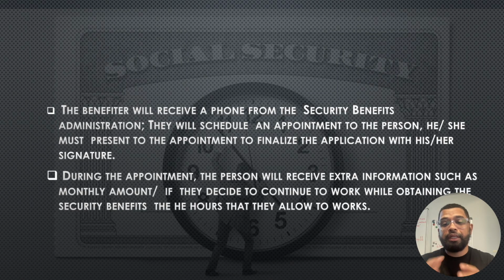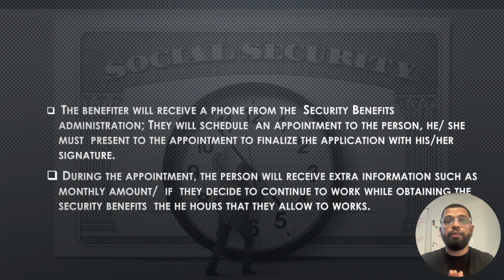Once the person goes to the appointment, they are given more information. One of the things they're told is how many hours a person is going to be allowed to work after retirement takes place, and the penalties that person will receive if they go over the amount of hours they're allowed.